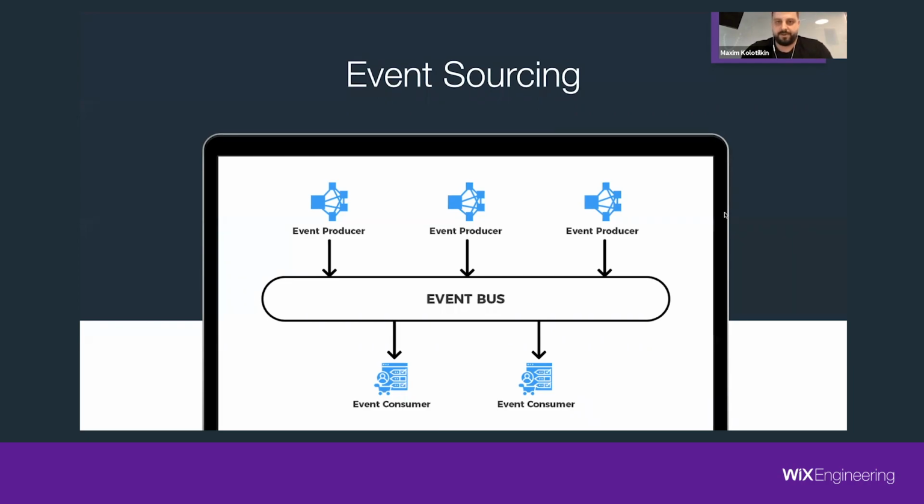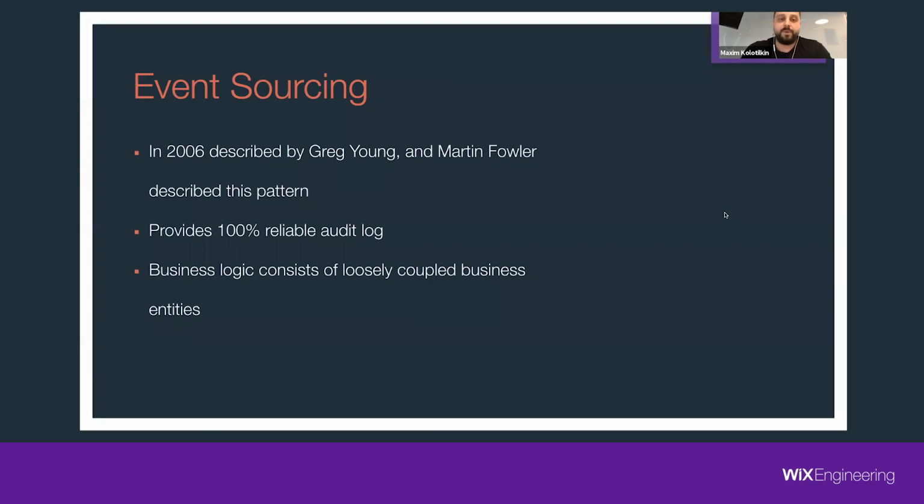There are also consumers, the other services that consume the events and trigger some business logic inside the services according to these events. Event sourcing was also introduced by Greg Young, I think in the same year, 2006, the creative guy. Later, this design pattern was described well by Martin Fowler in his book, Patterns of Enterprise Application Architecture, as far as I remember. There is also an article about it on his website.